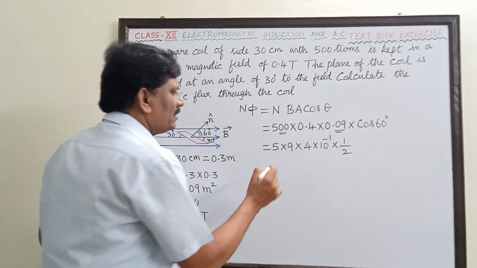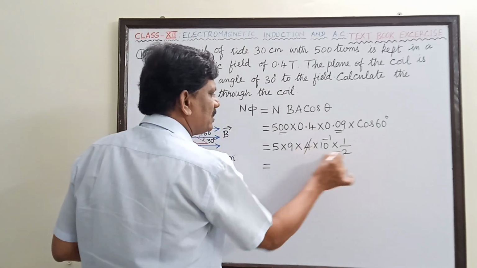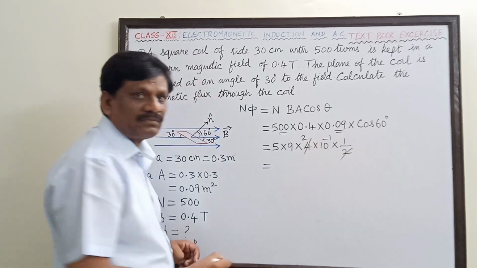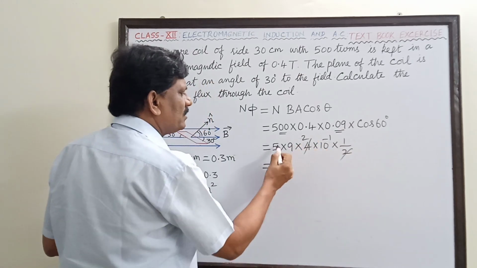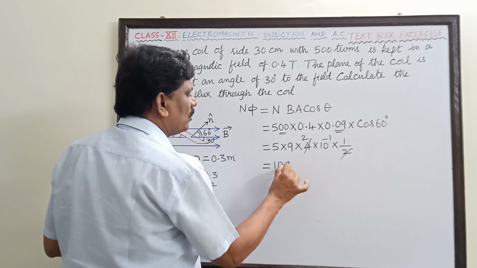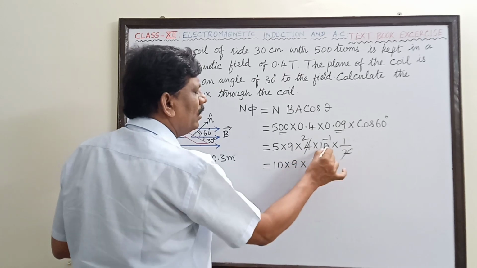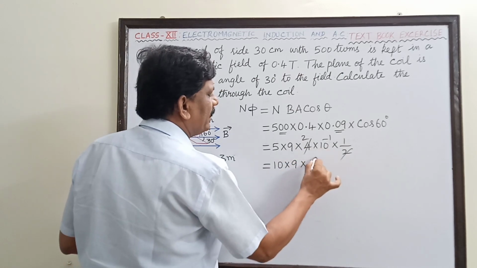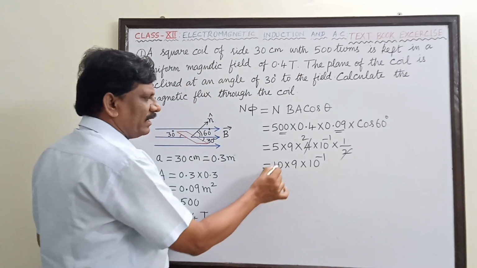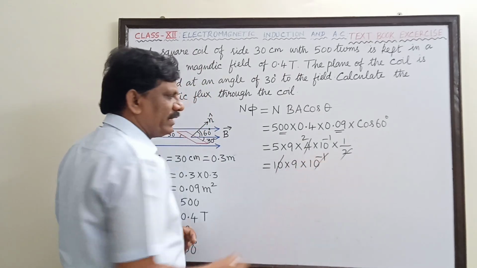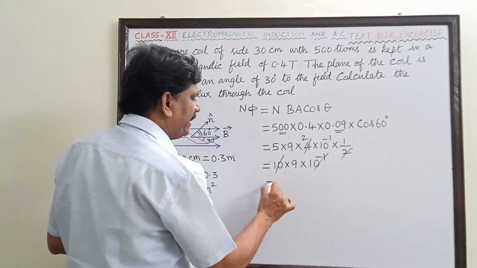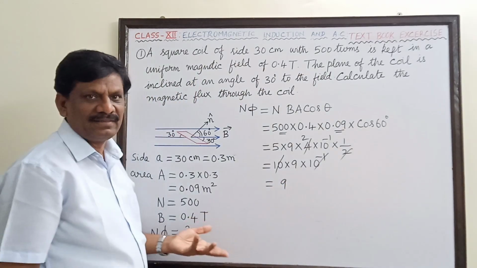So this is now equal to, 2 2s are 4. Again 5 into 2 is 10. So 10 into 9 into 10 power minus 1. So we can cancel this 10 power 1 into 10 power minus 1. So what is remaining? That is 9.